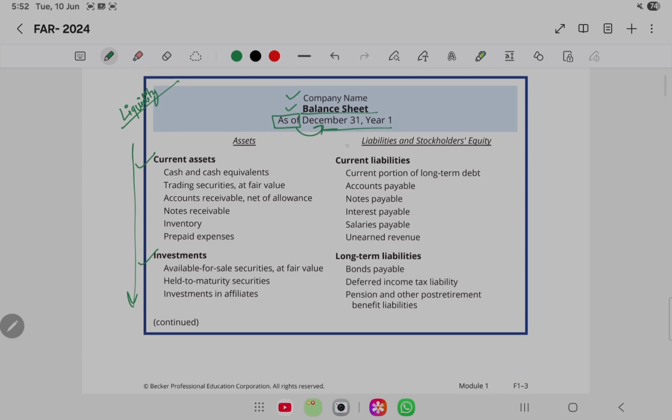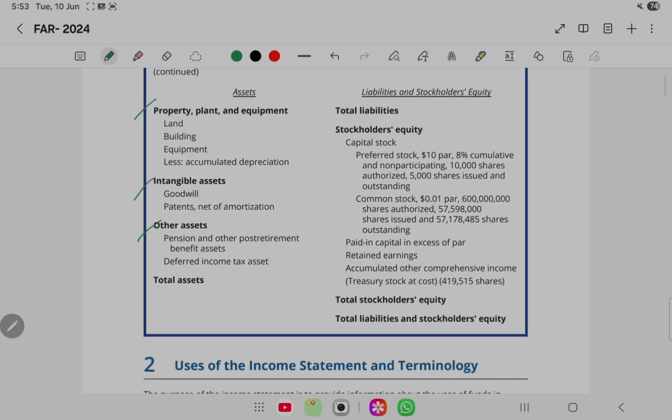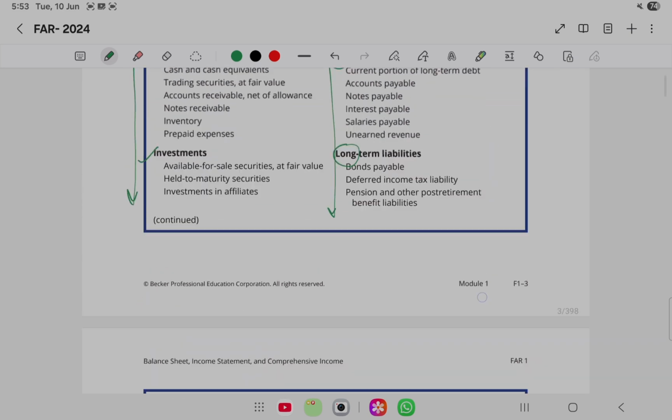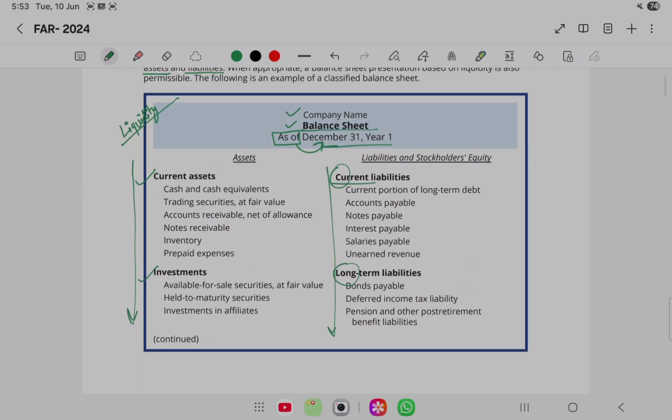Same in the case of the liabilities. First it is current, then loans, after that shareholders' equity. Normally all the items of these balance sheets are calculated at book value, but not all.